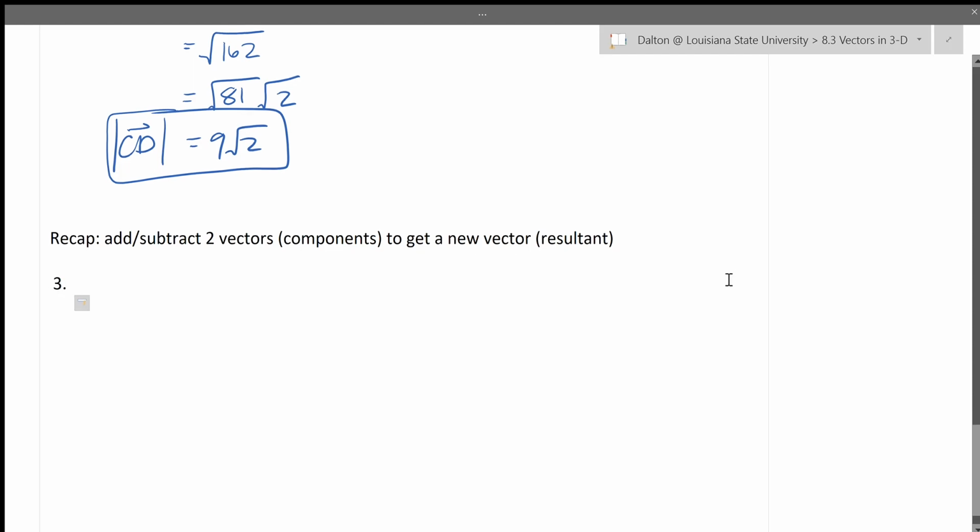So let's say if vector S, and I'm going to come back and change my notation here, but if vector S is equal to 5, -1, 2, let me make this font a little bit bigger for you.